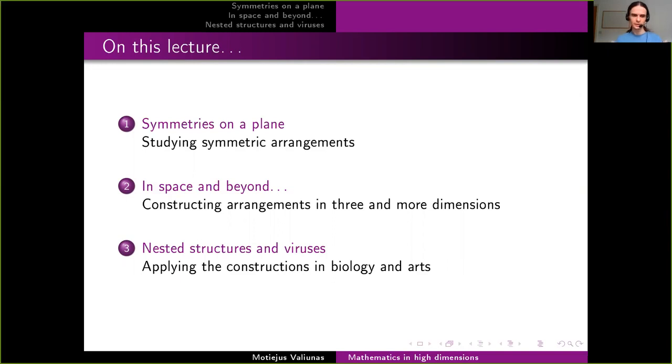So even in dimensions 4, 5 and 6, we can have symmetric objects which we can describe, and we can study them. And in the end, I'm going to tell you about how we can use everything that I said to build nested structures which look nice, and how we can study viruses with these things as well.